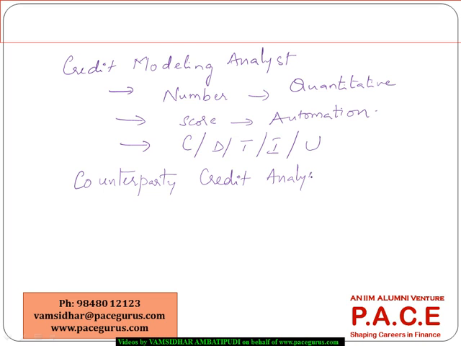So the counterparty credit analyst, here this is where the counterparties for various transactions, and some of them like interest rate swaps or such derivative transactions, you find the counterparties could be banks, or in some cases some other financial institutions. You find insurance companies as counterparties in some cases like credit default swaps, etc. Or you could have some hedge funds as counterparties for some of the transactions.